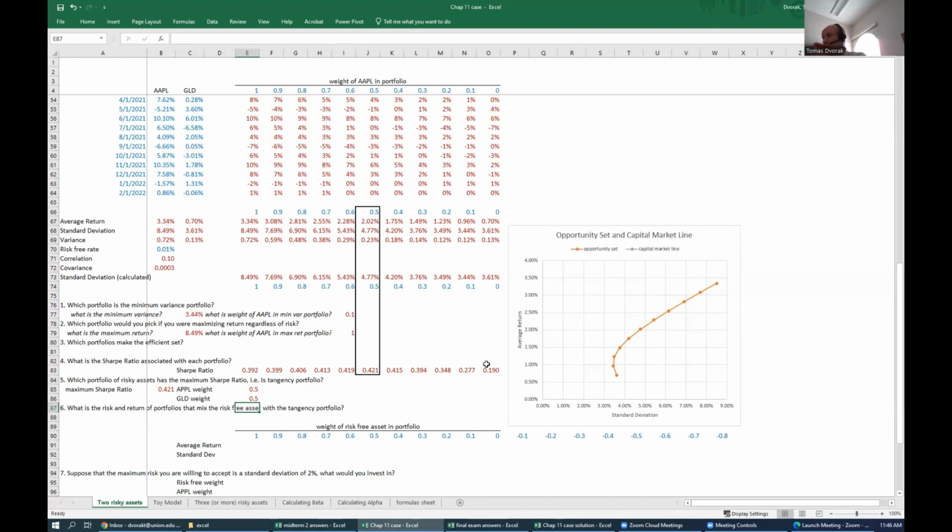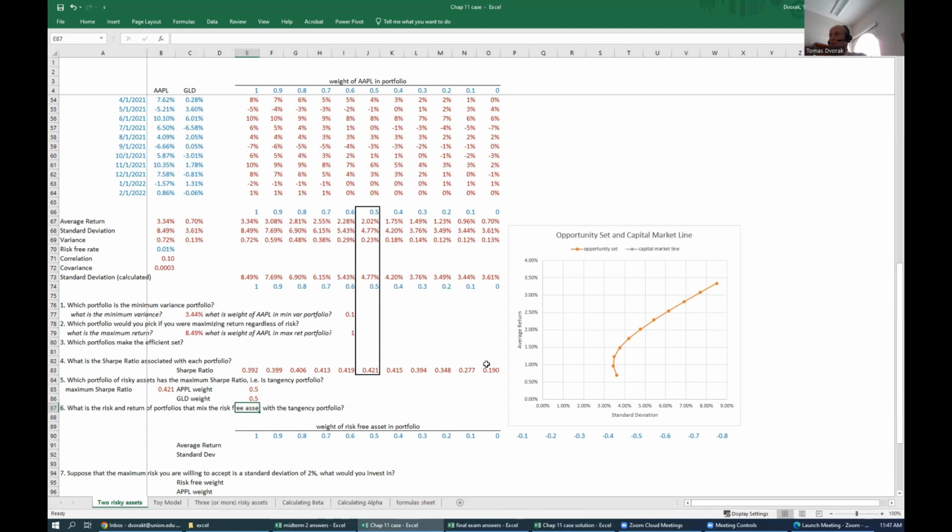If I am able to mix not just Apple and gold, but also a risk-free asset, I can create portfolios of Apple, gold, and risk-free asset that have certain risk and return characteristics. And the best portfolios in that set will be the portfolios that mix Apple and gold 50-50, because Apple and gold 50-50 has the highest Sharpe ratio.